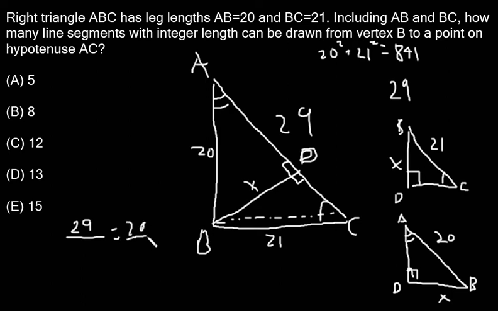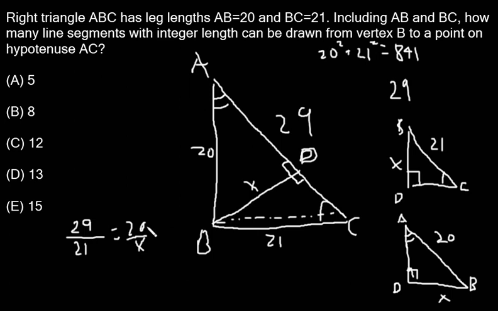So if we had 20 over x, x is going to be this bottom one right here. And same thing here, we're going to match this bottom one right here, so 21. And do you see why? 29 is the hypotenuse, and 21 is the bottom line for this one, and it corresponds to ADB. 20 is the hypotenuse, and x is the bottom one.